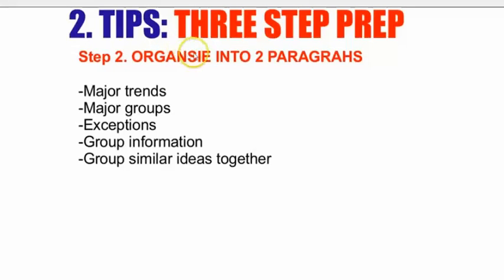In the first body paragraph, we're going to put the information that we've organized in this step. So here we're going to look for the major trends, major groups, any exceptions. We're going to group similar ideas together. That's going to be the first paragraph.